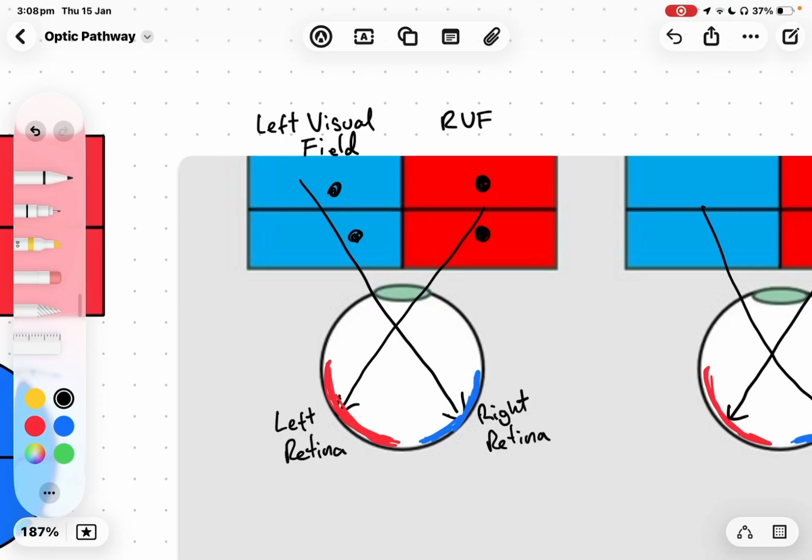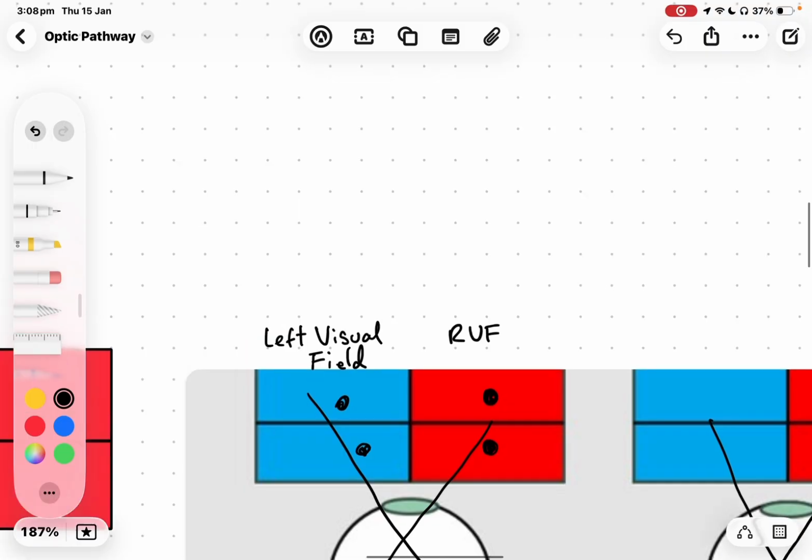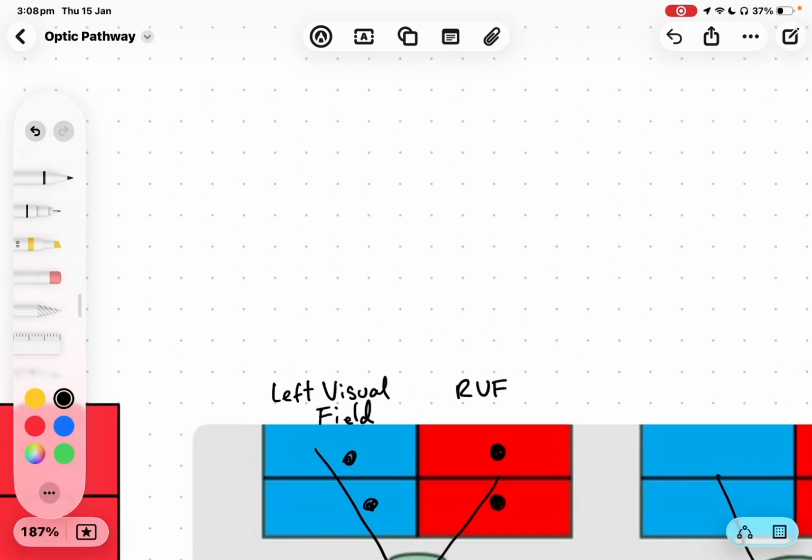And the way that I described how this works before is, if you imagine I was to take two lines like this, and I say that this is a representation of the iris, and this here is the pupil.